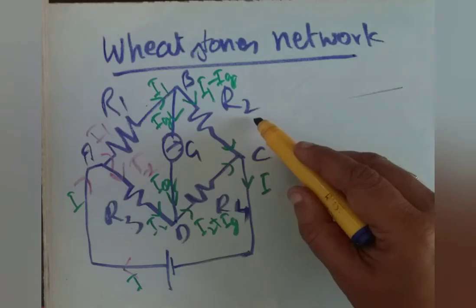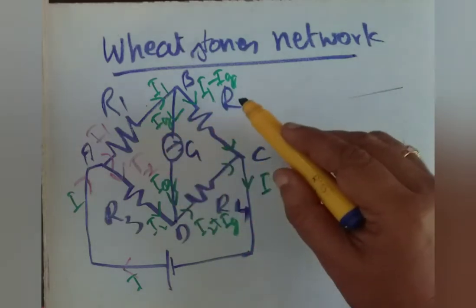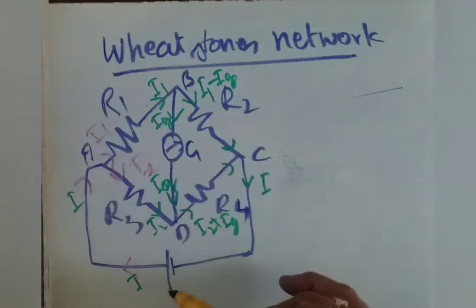That means if you change R2, currents I1, Ig, I2 are all changing. That's a very important idea. As R1, R2, R3, R4 are interconnected, if we change one resistance, current throughout the circuit itself changes.